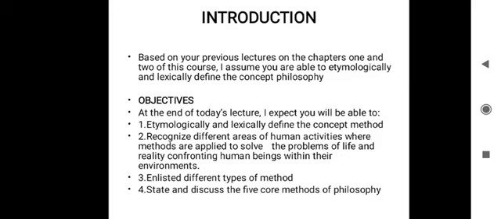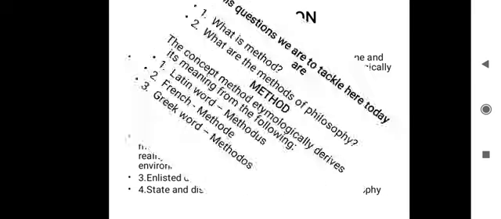Recognize the different areas of human activities where methods are applied to solve the problems of life and reality confronting human beings within their environment. 3. Enlist different types of methods. 4. State and discuss the 5 core methods of philosophy.